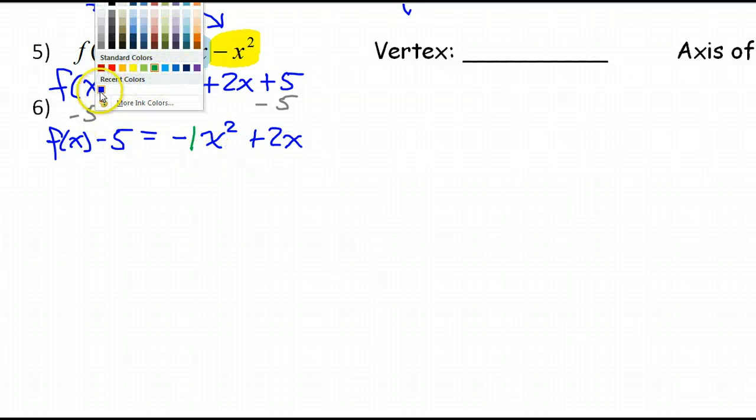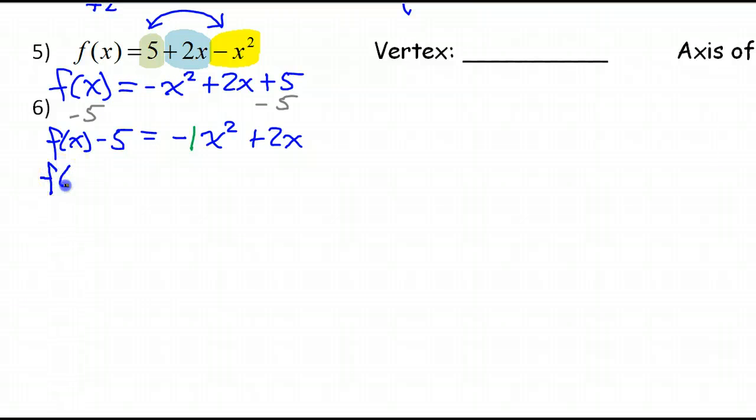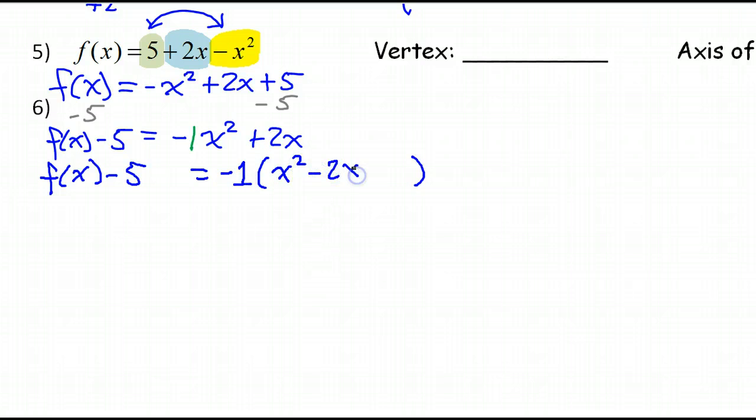So if we do that, we still have f of x minus 5 over there. But then we will have our negative 1 outside of the parentheses. So inside we will have x squared minus 2x. Again, I'm just dividing by negative 1 here, or I'm thinking of the distributive property. Negative times a negative would give me back my positive.